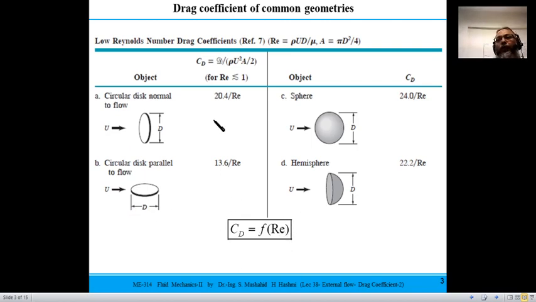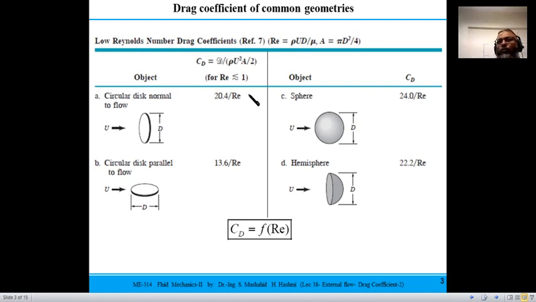If you look here, as the Reynolds number increases, the drag coefficient decreases. So it is an inverse relationship, and we have seen that this is true for laminar flows, in which the friction coefficient is also a decreasing function as the Reynolds number increases.